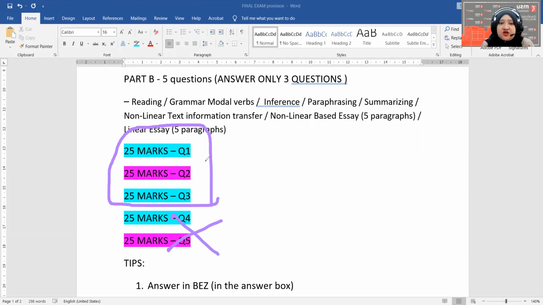If you don't choose, we will choose for you: 1, 2, 3, done. So why not choose your best 3? Pick your strong suit and answer the questions that you can. Out of the 5, answer 3.